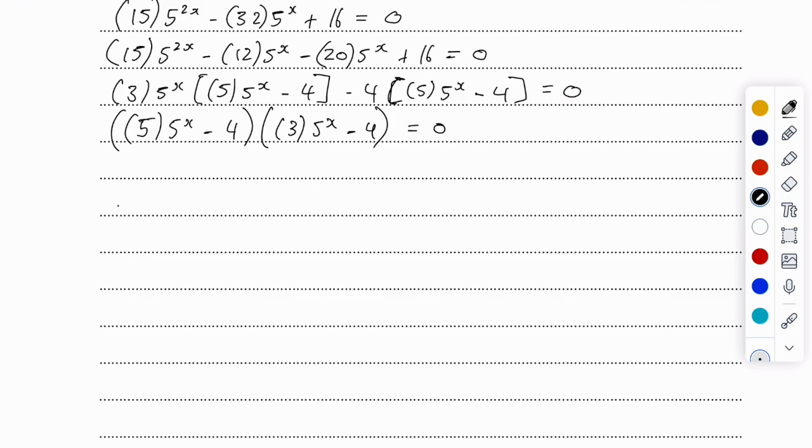Therefore, we can say that 5 to the x is equal to 4 over 5, or we can say that 5 to the x is equal to 4 over 3.